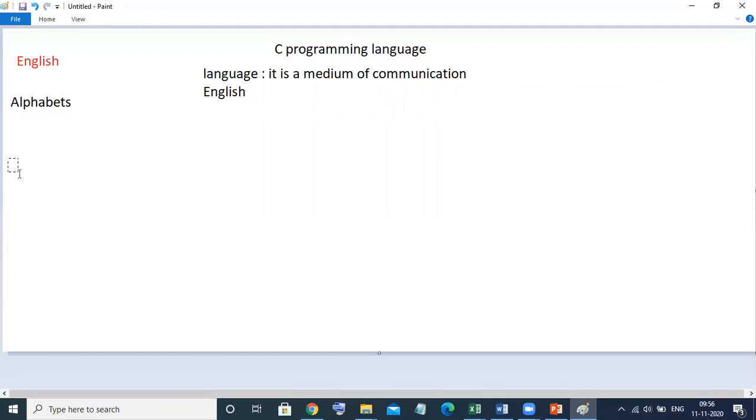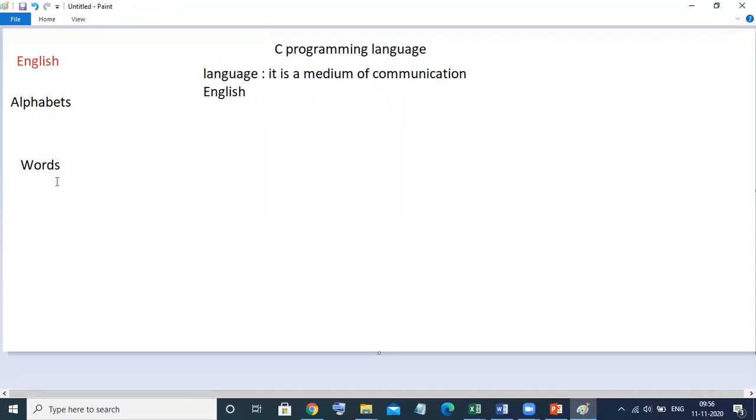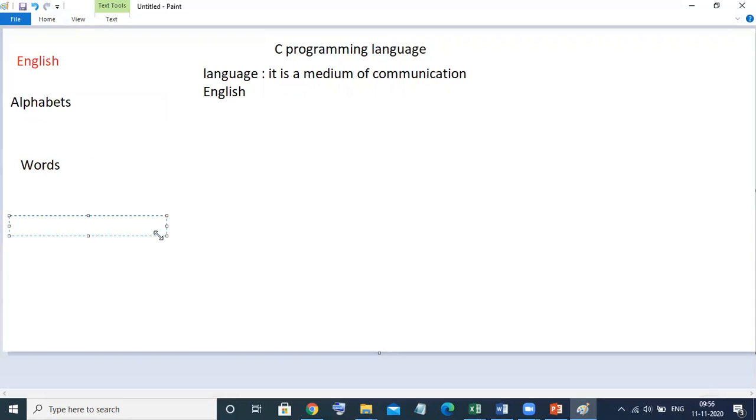Once you know the alphabets, then by taking the help of alphabets, we have to form some words. We have to learn how to make words using these alphabets. Once you are able to make words, then we try to prepare sentences.